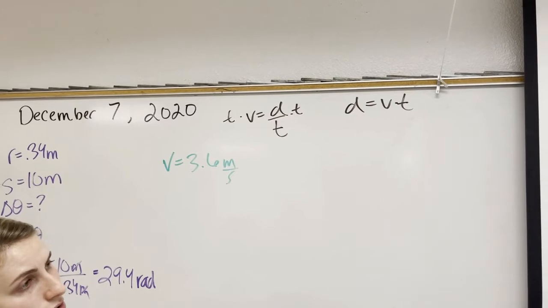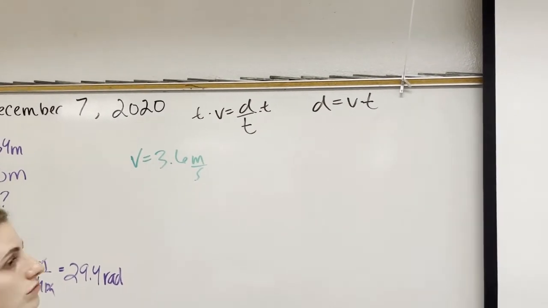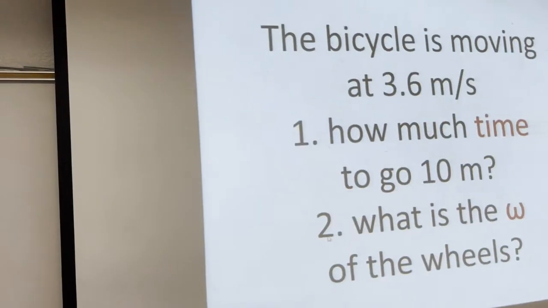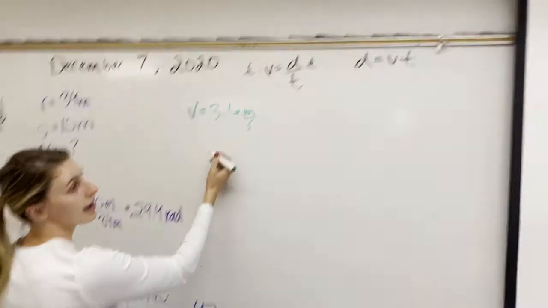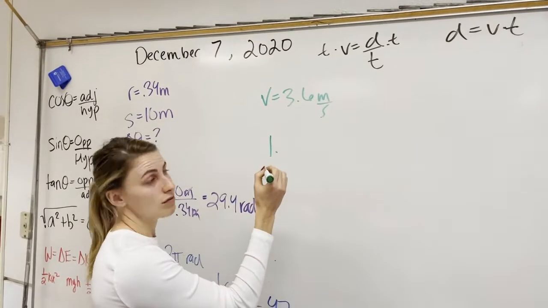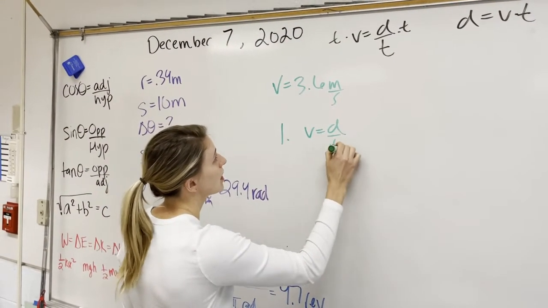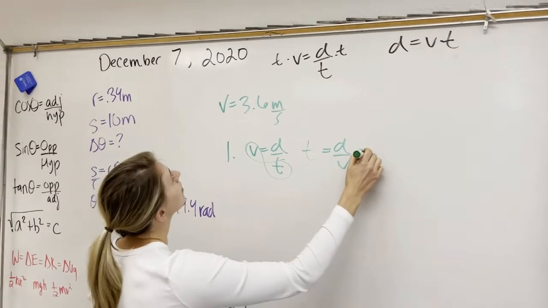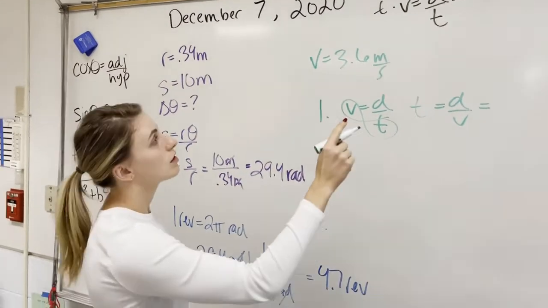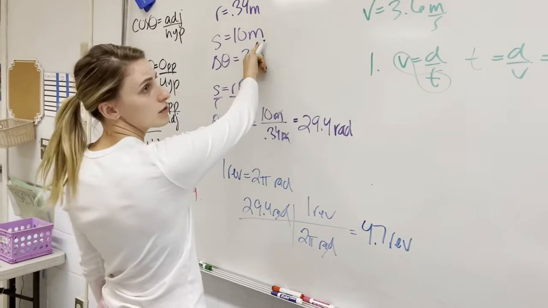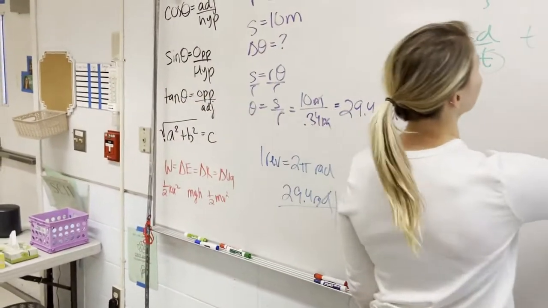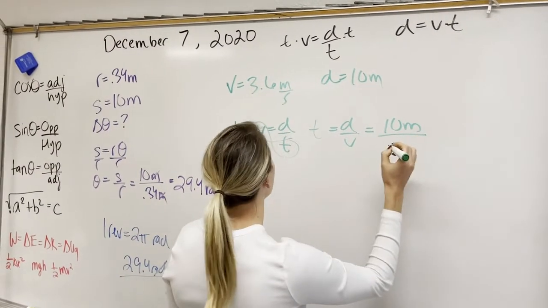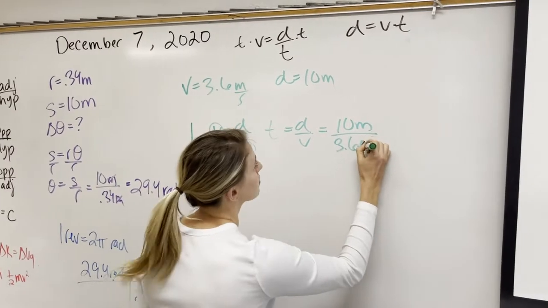So we just use that equation up there, distance over time, and we want to solve for time. This is just linear, right? So v equals d over t. If I want to solve for time, I just flip these. So time is my distance, which is how far? 10 meters, it's in the question right there. 10 meters divided by my velocity, which is 3.6 meters per second.